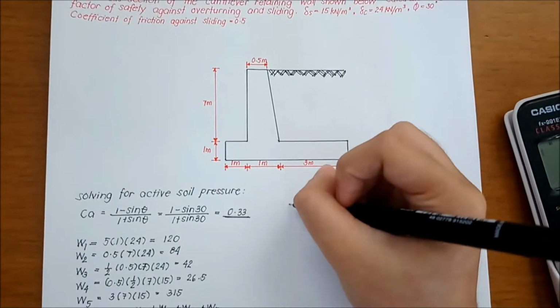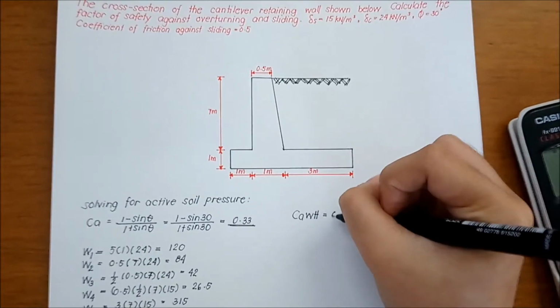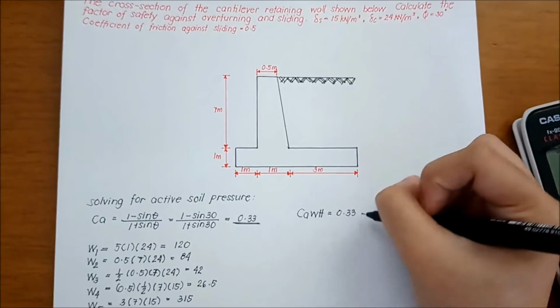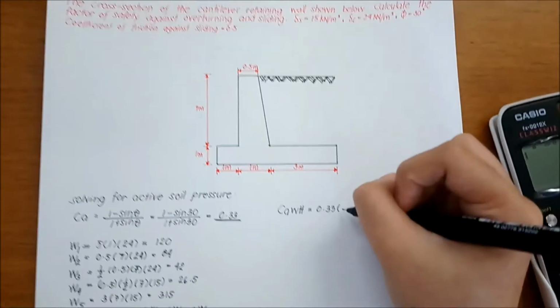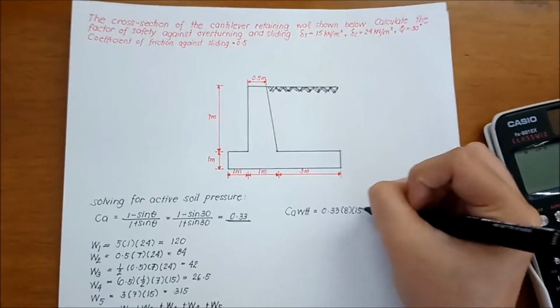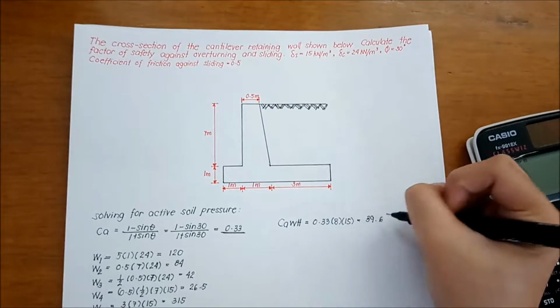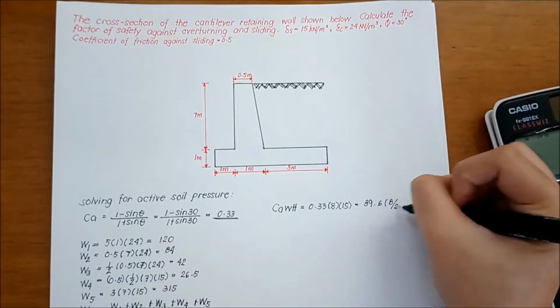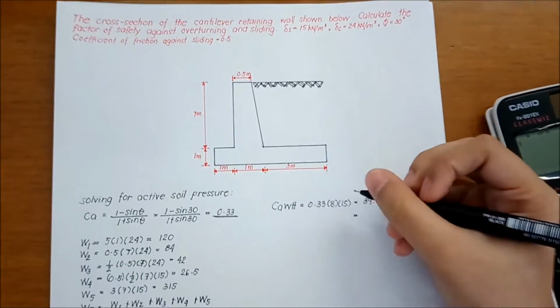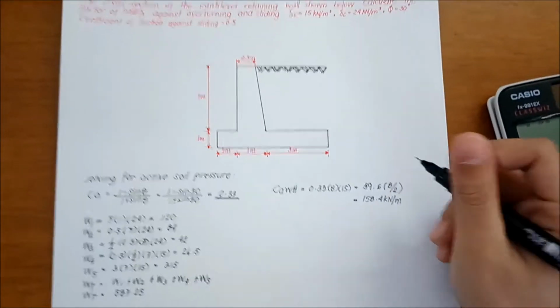Now, solving for active soil pressure, that is equal to 1/2 times Ca times gamma times H squared, given as 0.33 times 8 times 15, equal to 39.6, times 8 over 2, giving us a value of 158.4 kilonewtons per meter.